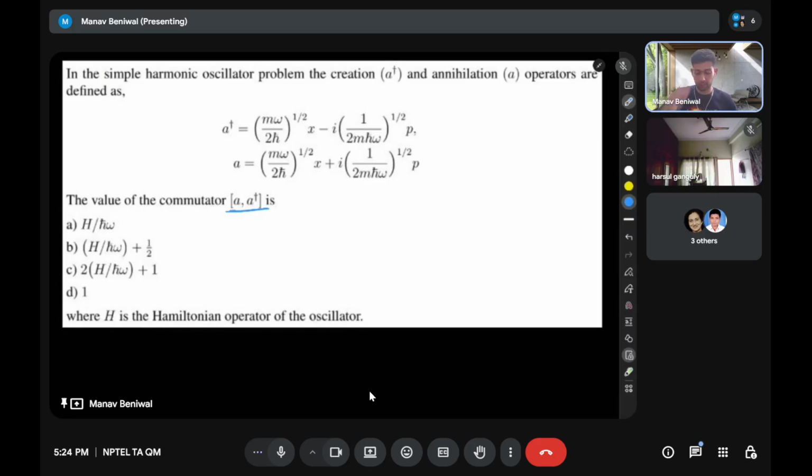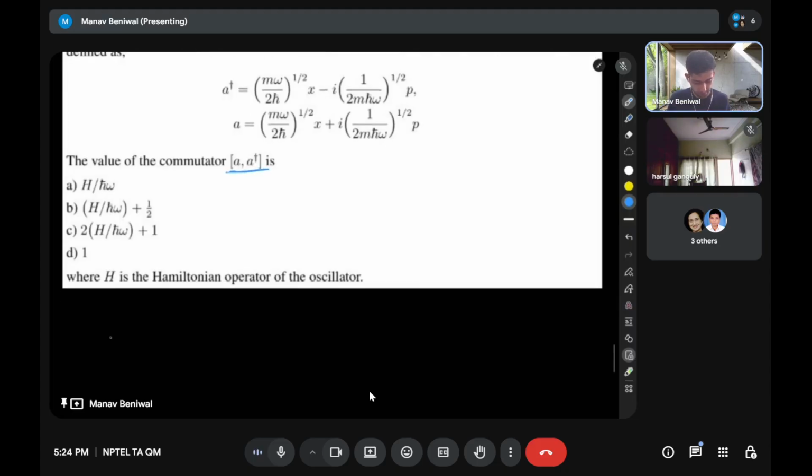If I write [a, a dagger], I can expand this as a times a dagger minus a dagger times a.